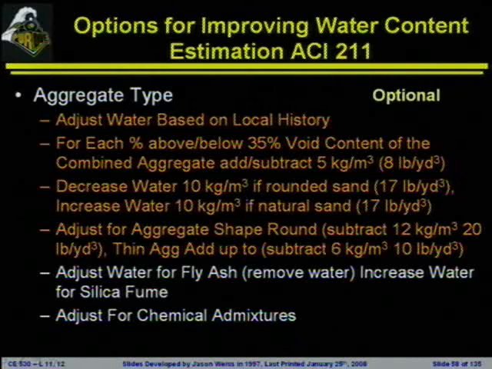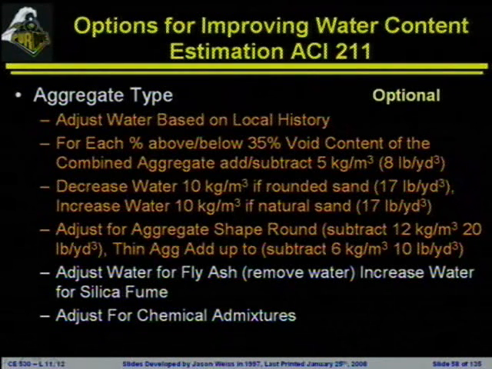Now, one of the things that we will point out, and this is outside of ACI 211, is that at this point you can make an adjustment for your water based on a whole lot of different items. Remember, ACI is really just a guideline to help you start to do mixture proportioning.